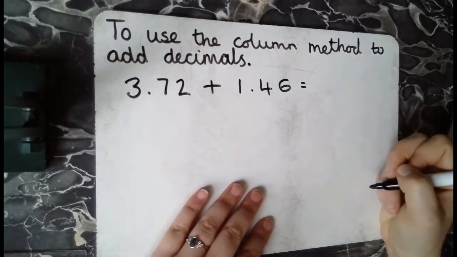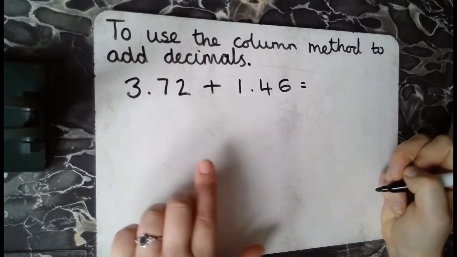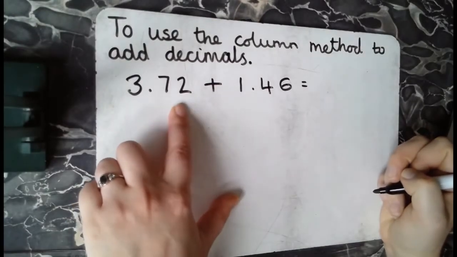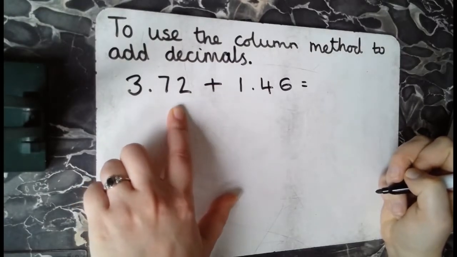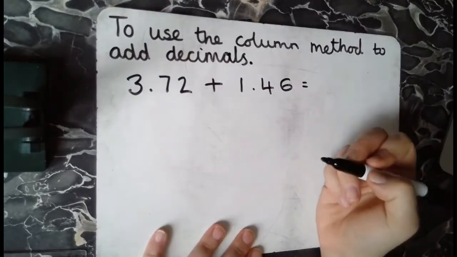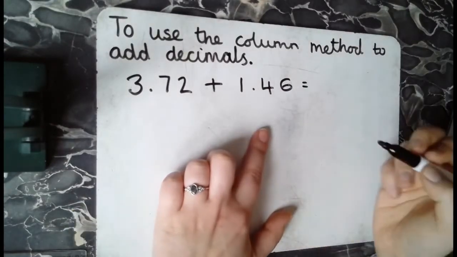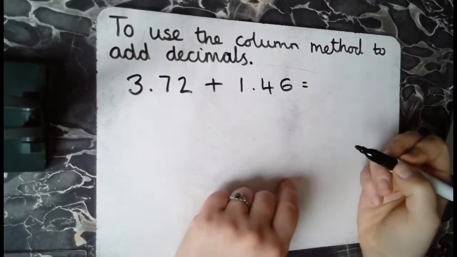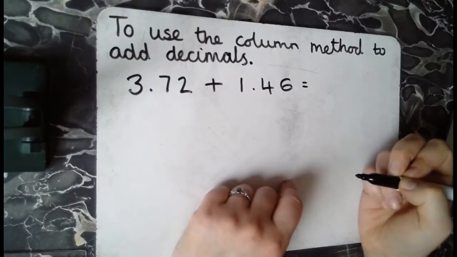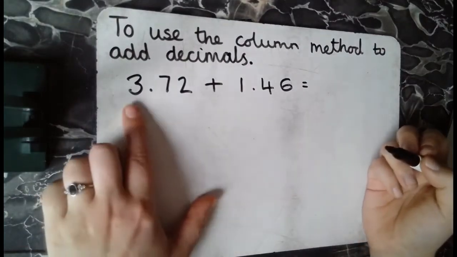Now I'm going to move on to step two, which is to place the digits of the first addend, that's this number here, into the columns according to their place value. As I did yesterday, before I start writing numbers, I'm just going to record the letters that symbolise the place value of each digit that I will be writing today. So we've not got anything greater than 1.